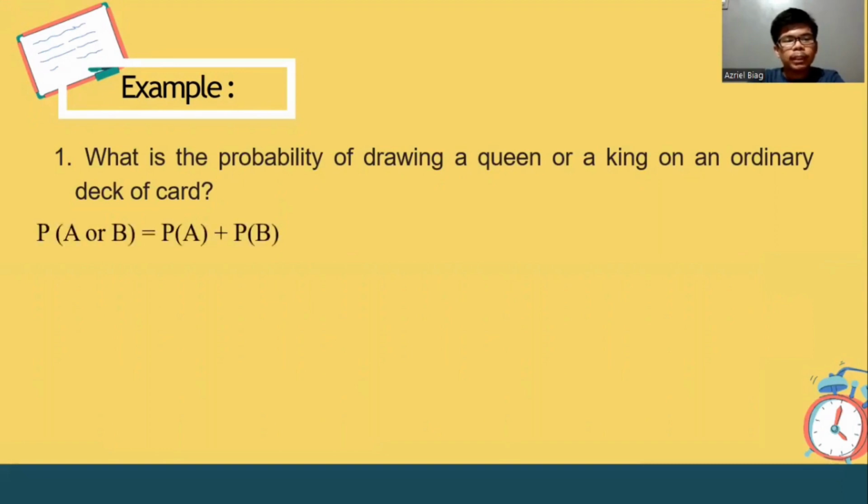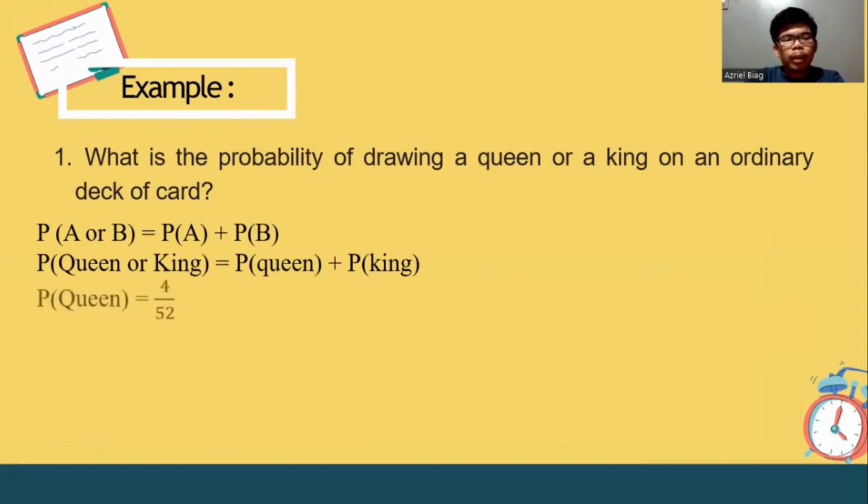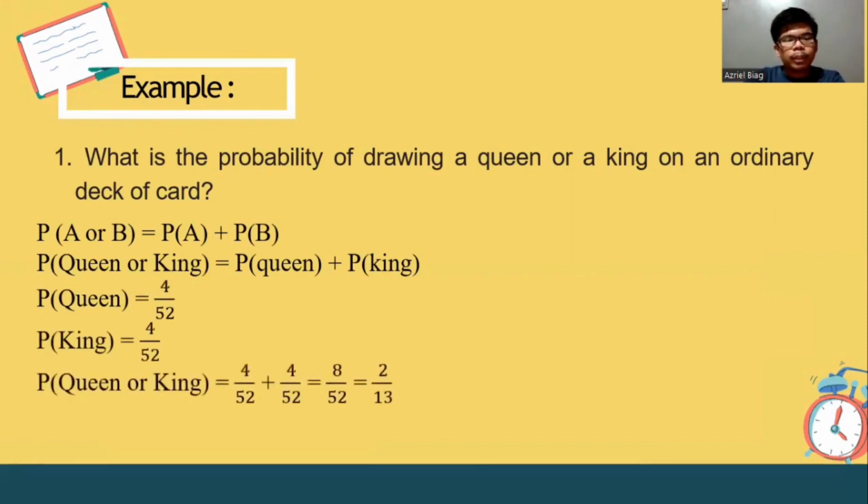The two events are event A, getting a queen card, and event B, getting a king card. The possible outcomes of event A are the queen of clubs, queen of hearts, queen of diamonds, and queen of spades, and the possible outcomes of event B are the king of clubs, king of hearts, king of diamonds, and king of spades.